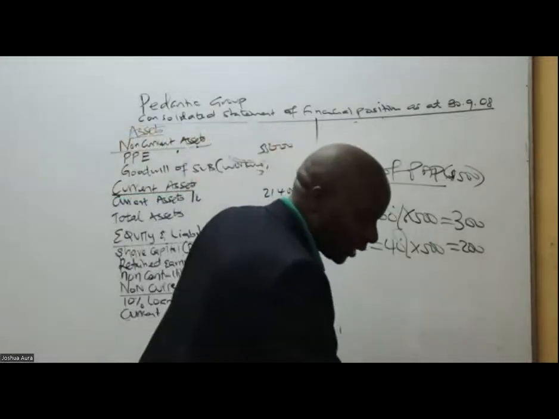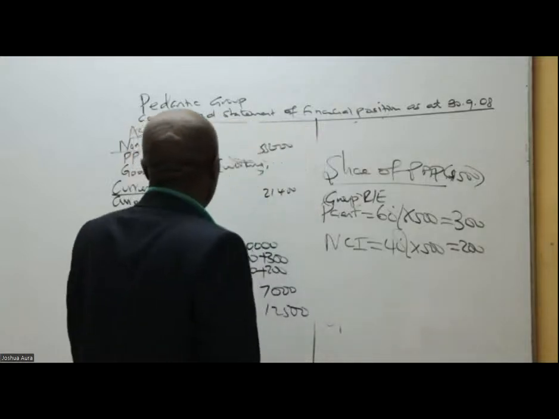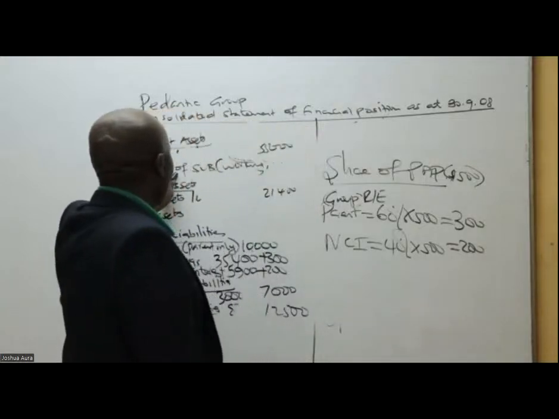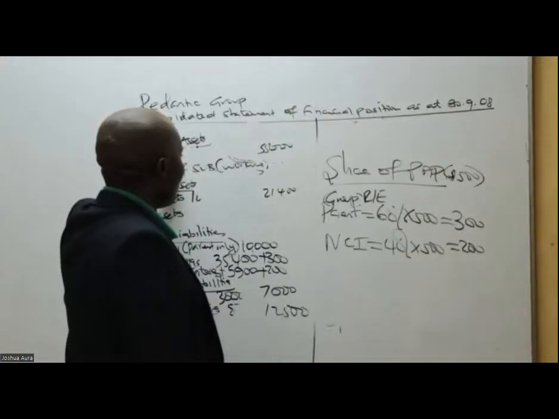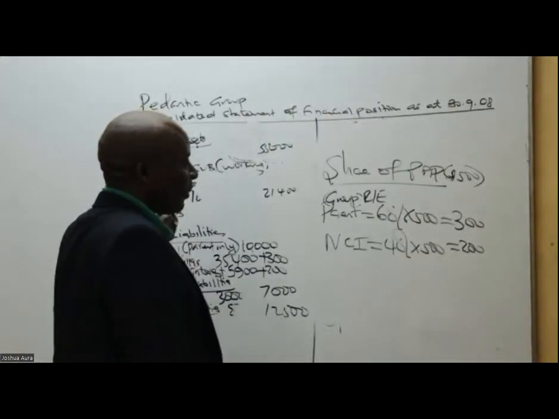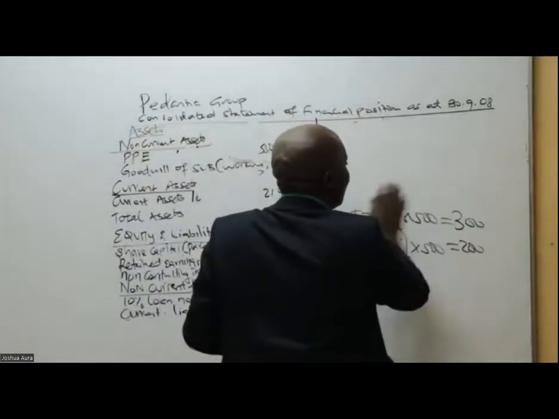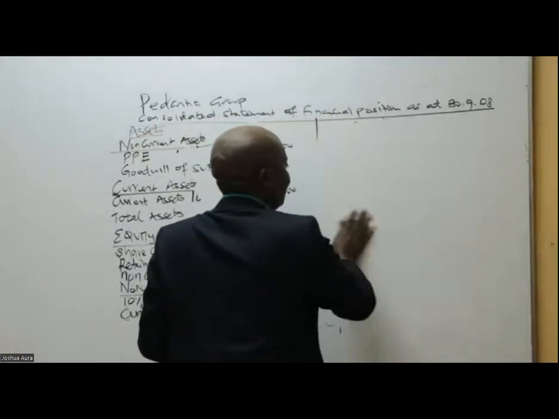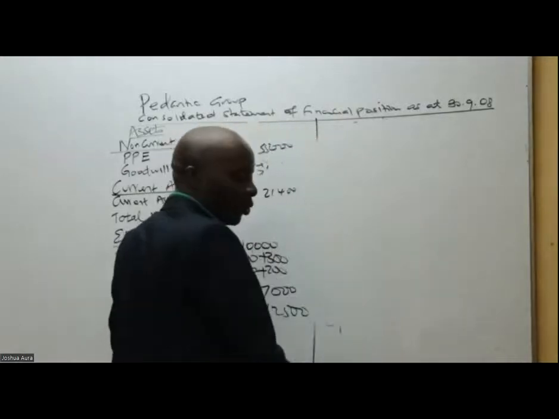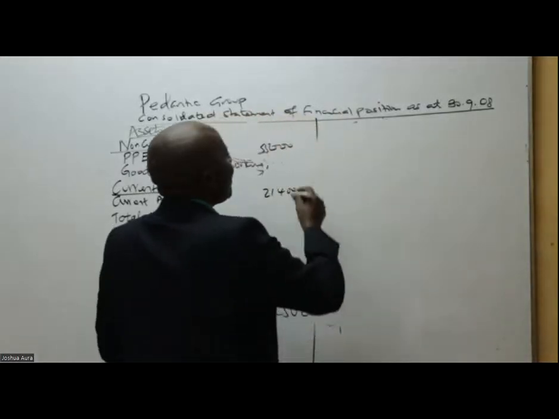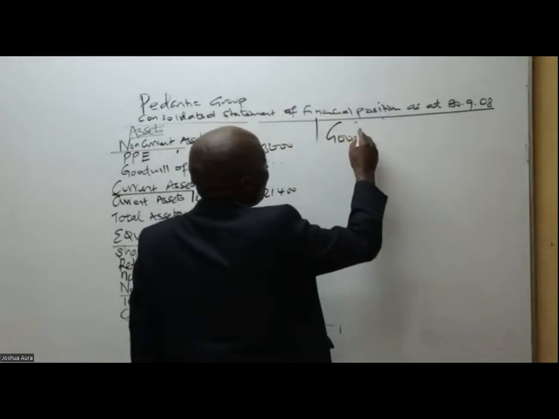So after that, the last working that I need, ladies and gentlemen, now is the working of goodwill. So how do we get goodwill? It is very easy to calculate.